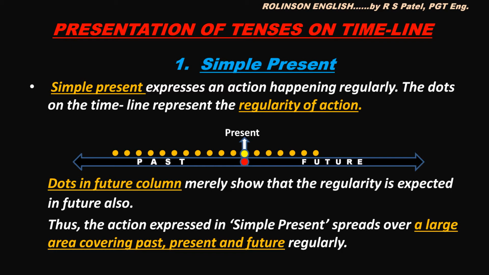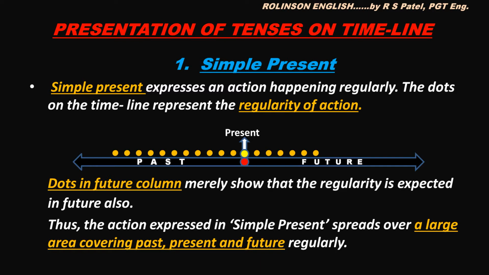Here is simple present. Simple present expresses an action happening regularly. Okay? The dots on the timeline represent the regularity of action here. The dots started in the past and they are repeating even at some point in future.